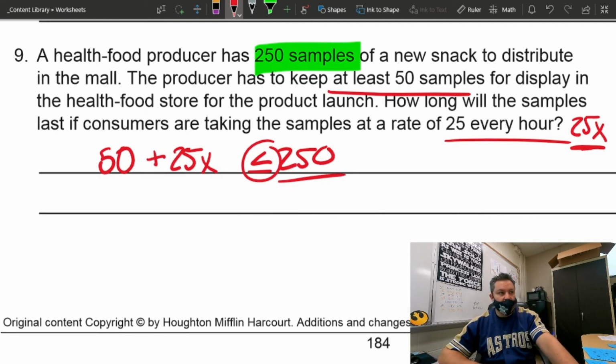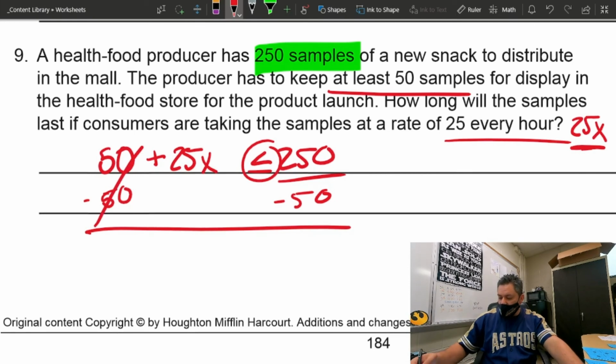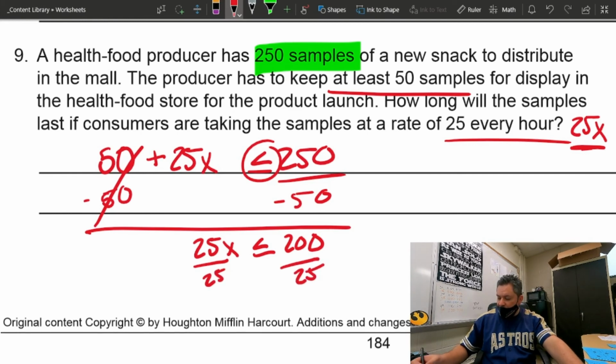There you go. Now can we solve for x? Yes, we can. We subtract the 50 that we're gonna keep, and we get 200. And those 200 are gonna be divided evenly into the 25x, so we divide by 25, divide by 25.